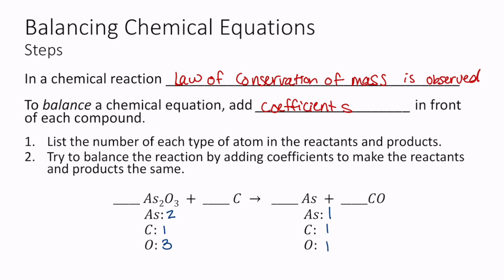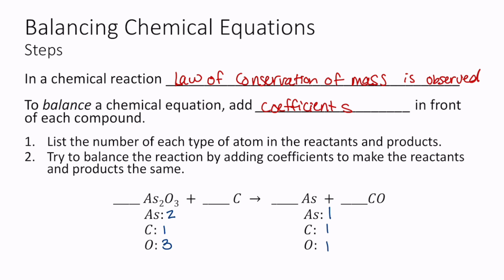So hopefully you can see here that this reaction is not balanced. And since the law of conservation of mass is observed, then we have to make sure to balance them. Now, I can start with my As. And I'm going to balance these by adding coefficients in front of each compound or element.